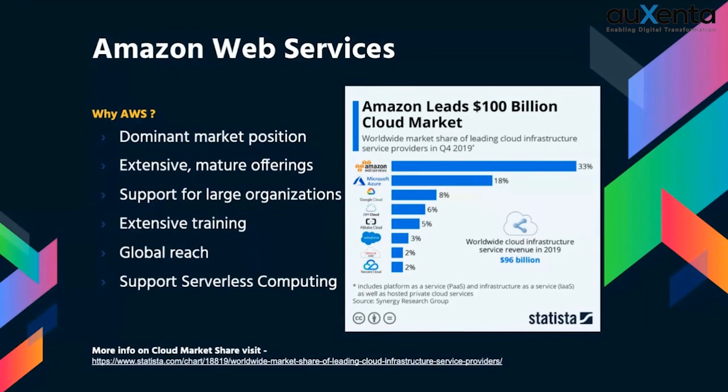And also AWS has more than the combined market share of its 3 largest competitors, which are Microsoft Azure, Google Cloud, and IBM Cloud. Also, AWS supports large organizations. For an example, Apple, Netflix, Twitch, LinkedIn, Facebook are some of the top AWS users. Also, AWS supports serverless computing. You can find out more about cloud market share by visiting this URL.